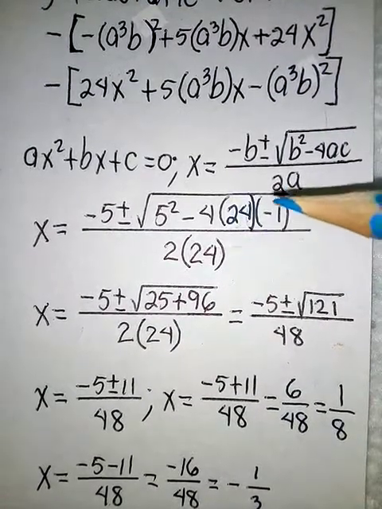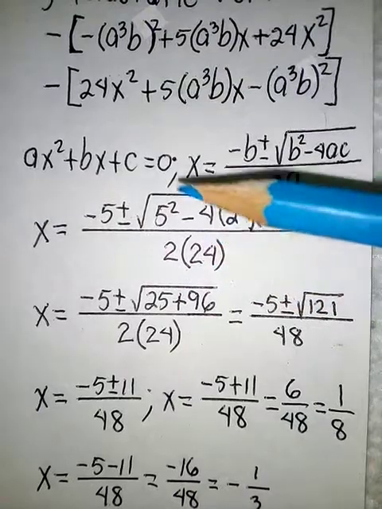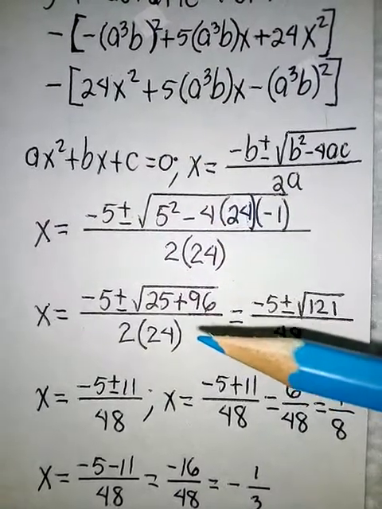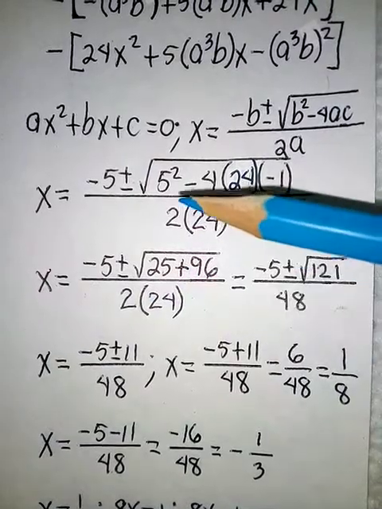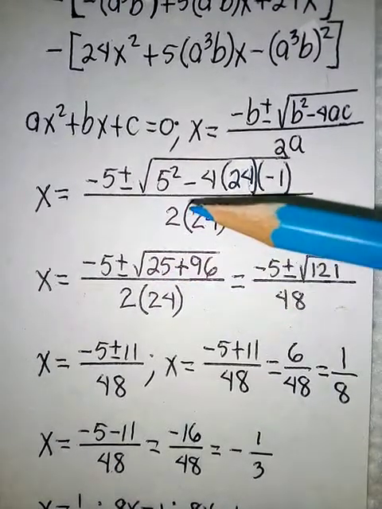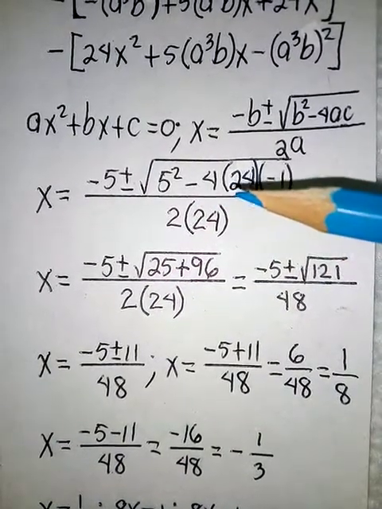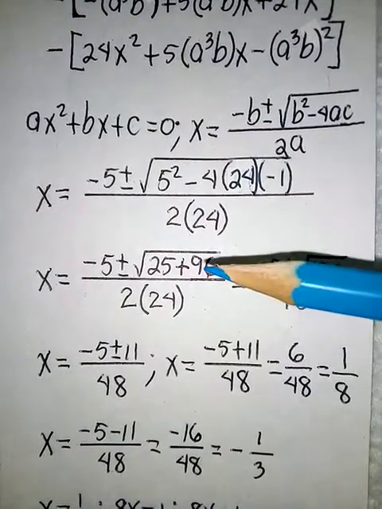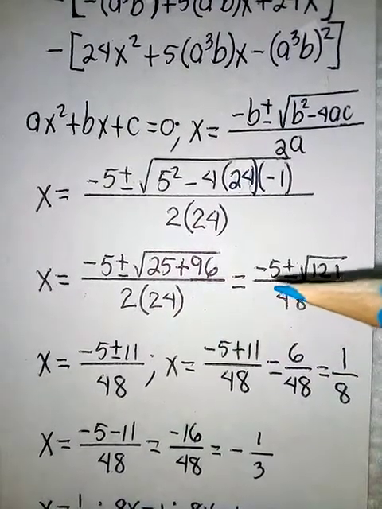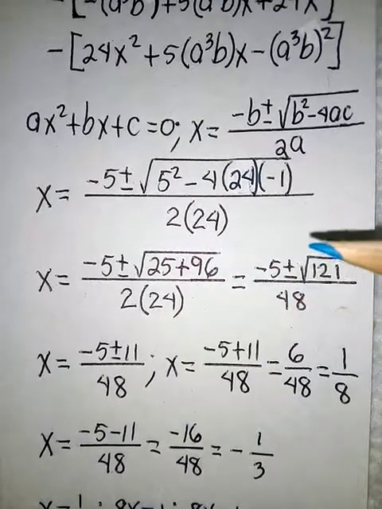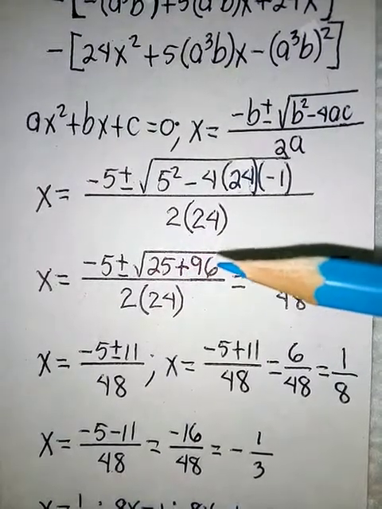And then simplify a little, x is equal to negative 5 plus or minus, b is 5 squared is 25. And then negative 4 times 24 times negative 1 is positive 96. All over 2 times 24 is equal to negative 5 plus or minus square root of 25 plus 96, which is square root of 121. All over 2 times 24 is 48.